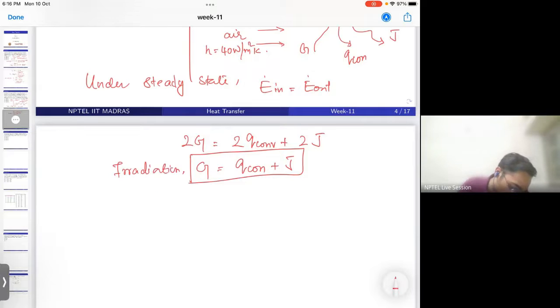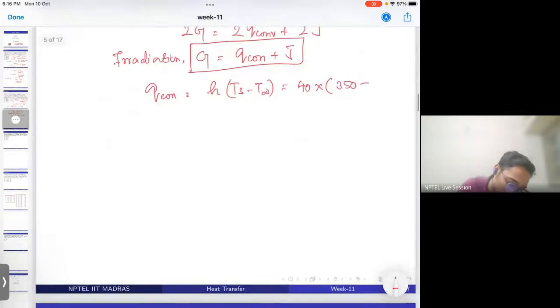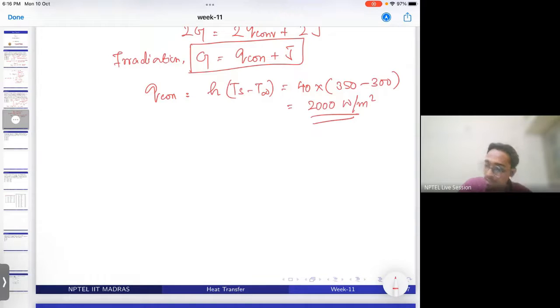We know Q convection is h times (Ts minus T infinity). h is given as 40, Ts is 350, and air is at 300. So it is around 2000 watts per meter square, the Q convection.